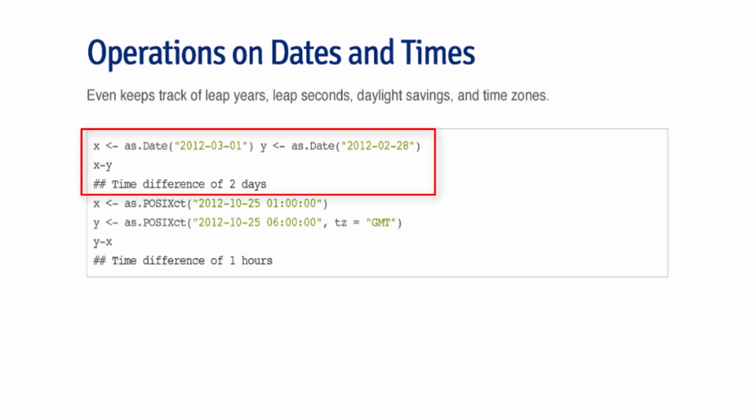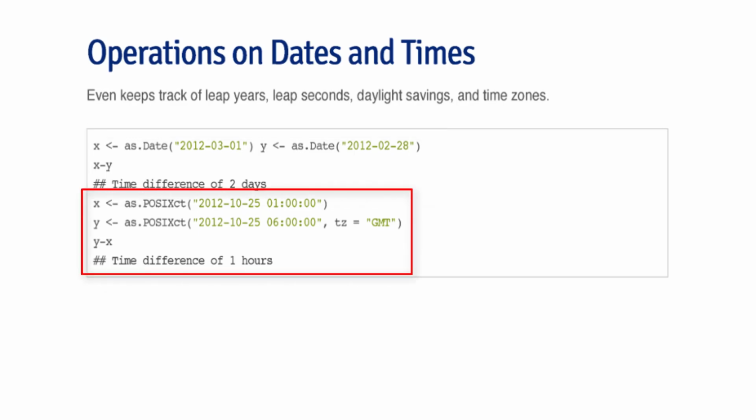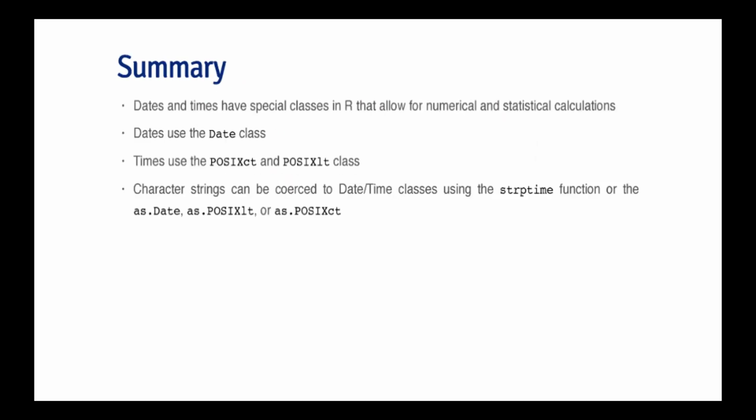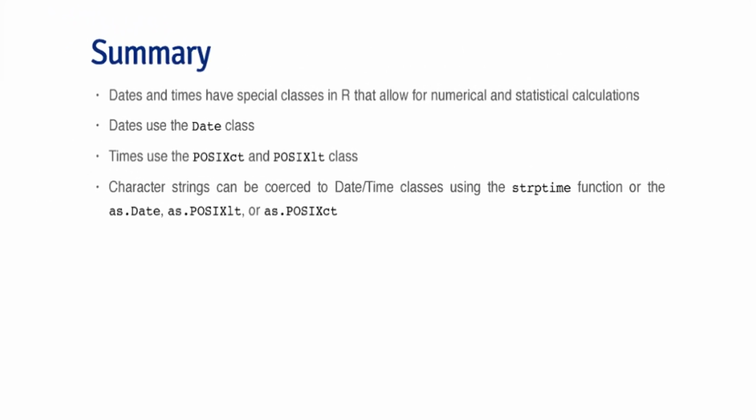Similarly, I could take x, which is my current time, and then y, which is in the time zone of GMT, meaning Greenwich Mean Time, and take the difference between those. So even though it looks like it should be a 5 odd difference, it's actually only a 1 odd difference because of the change in the time zones. So one of the advantages of using the datetime classes is that it will automatically take care of these kinds of irregularities.